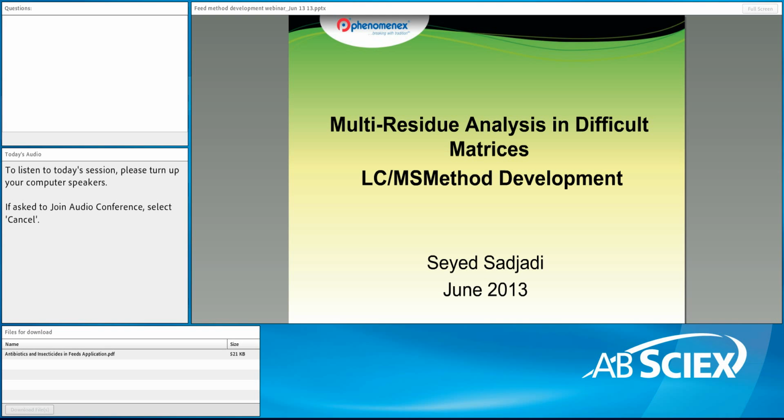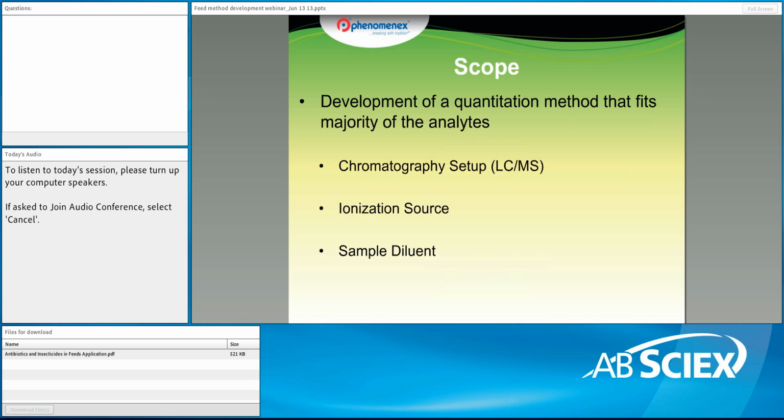Good morning. Thank you, Lauren, and thank you, Kurt. Initially, when we were involved in this project, the scope of our analysis was to figure out how to get these compounds to be analyzed under one roof in one setup. As Kurt mentioned, they all have different chemistries and they don't behave ideally under similar conditions.